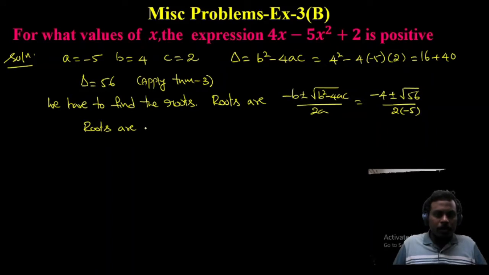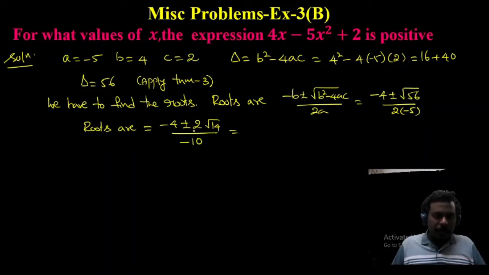So this can be written as minus 4 plus or minus, 56 is 14 into 4, that is 2 into root 14, divided by minus 10.